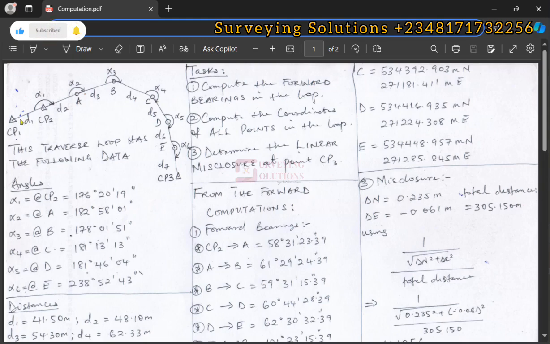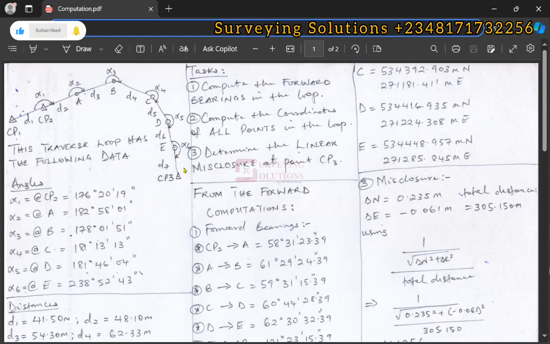The forward bearings are actually CP1 to CP2, CP2 to A, A to B, B to C, C to D, and then let's say D to E, and then finally E to CP3, right? Good. And then compute the coordinates of all the points in the loop. Now we know CP1, CP2, and CP3, but we don't know A to E. So we are going to compute the coordinates of all of those points, right? Good. And then determine the linear misclosure at CP3.